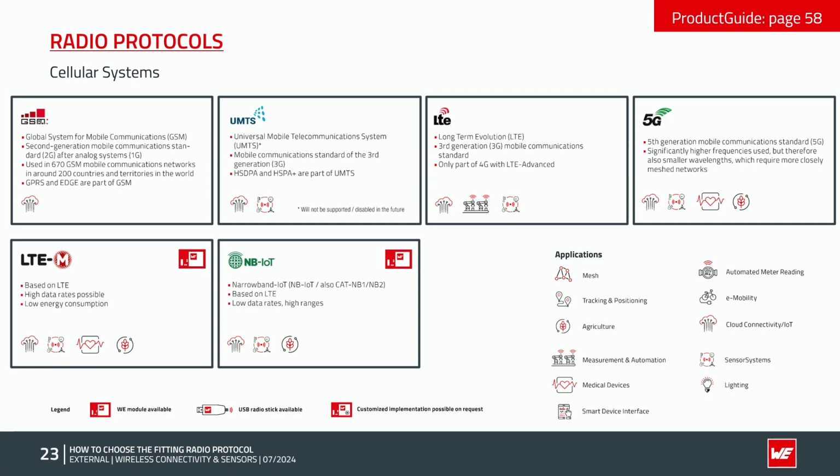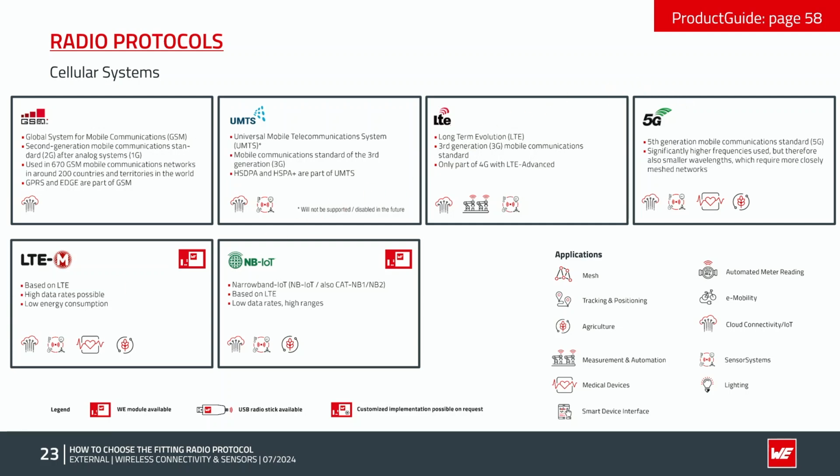And of course there is GSM and UMTS, LTE and 5G, which you all know from your smart devices. But in the industry, typically you do not need the 5G data rates very often. So the very high data rates are not needed very often, and therefore there are special technologies available.